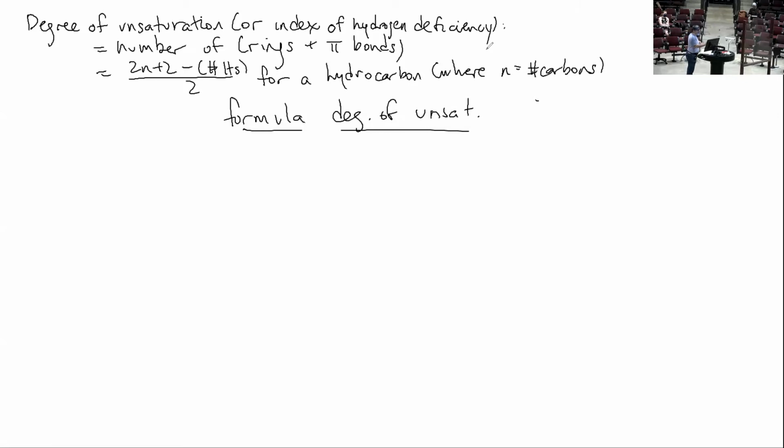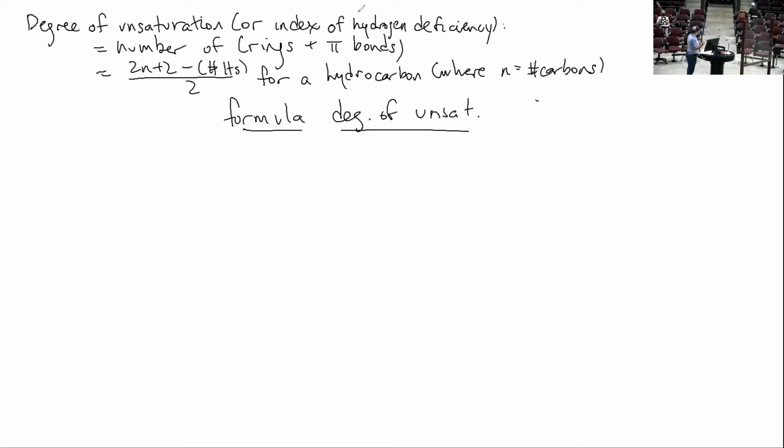So another way to define degree of unsaturation, here's another definition, is it's the number of rings plus pi bonds in the molecule. And again, it doesn't tell you the number of rings, and it doesn't tell you the number of pi bonds. It only tells you what the sum of rings plus pi bonds is.